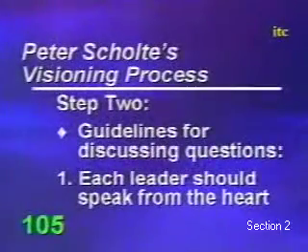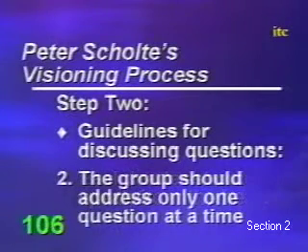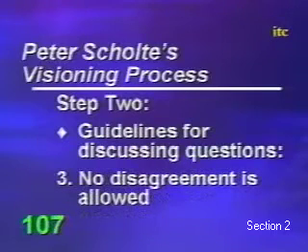The guidelines for discussing the questions are: first, each leader should speak from the heart. Next, the group should address only one question at a time, having each individual speaking to that question. There is no disagreement allowed, only words of support and questions for clarification.